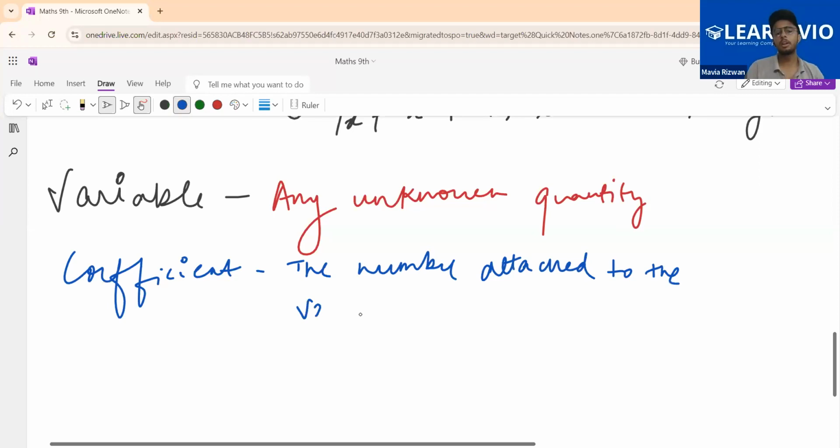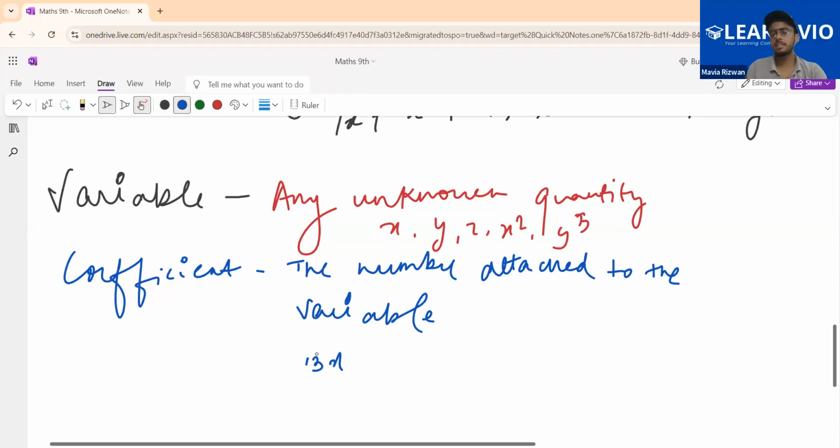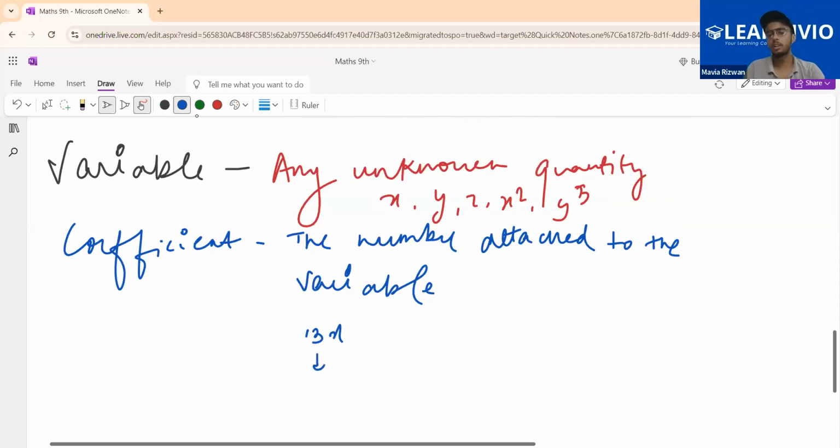That is known as a coefficient. Examples of variables are x, y, z, x square, y cube, anything. And coefficients are, suppose I have 13x. So 13 is a coefficient. Understood?